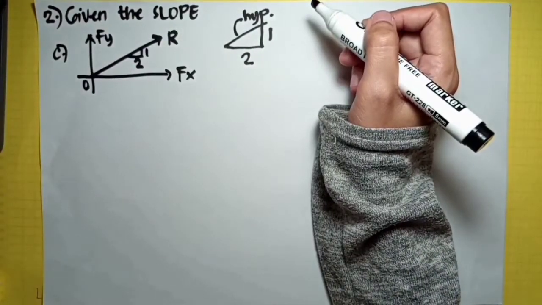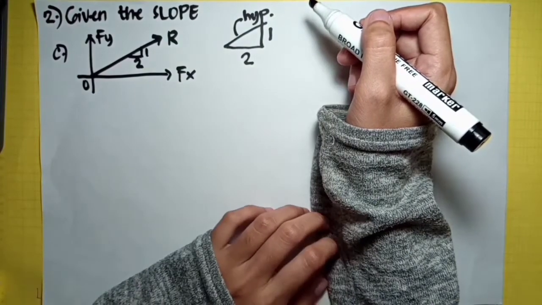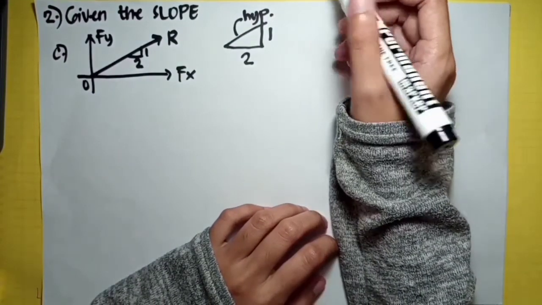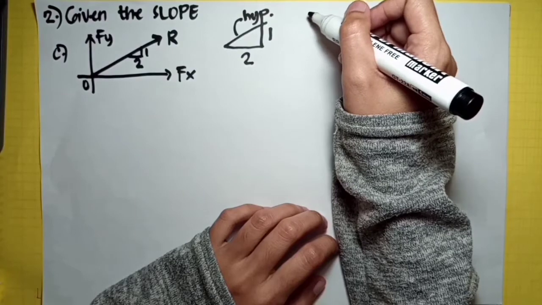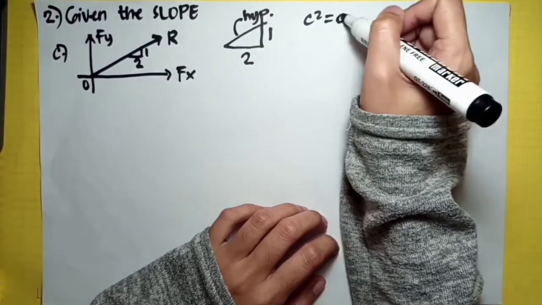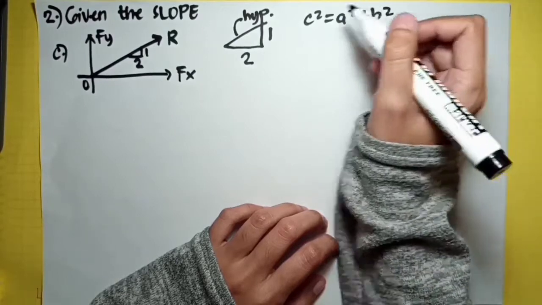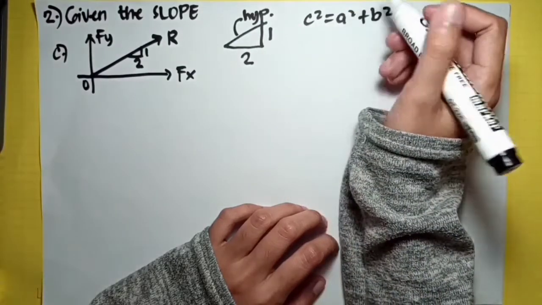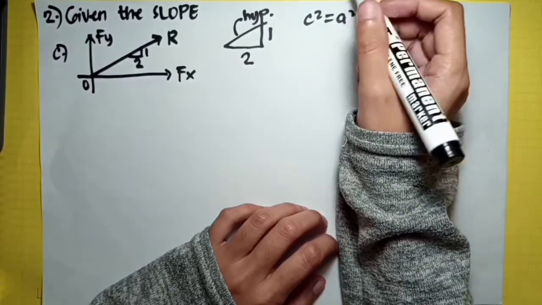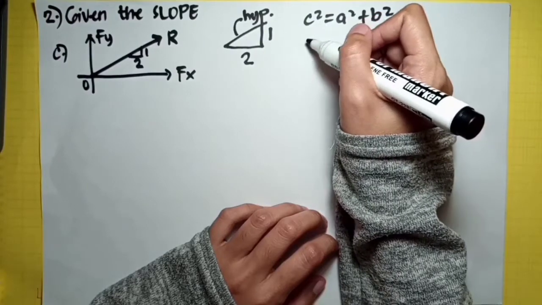Kung matatandaan nyo, meron tayong tinatawag na Pythagorean theorem na ang formula is c squared is equals to a squared plus b squared. Applicable din siya dito sa ating slope. So, hanapin natin ang hypotenuse. Ang hypotenuse natin ay ang c.